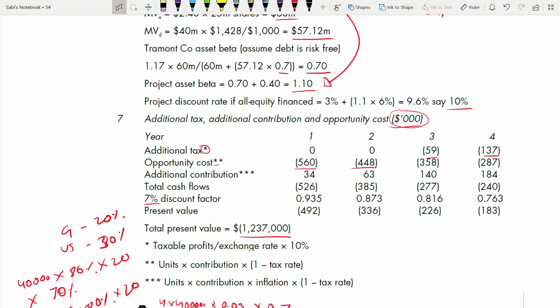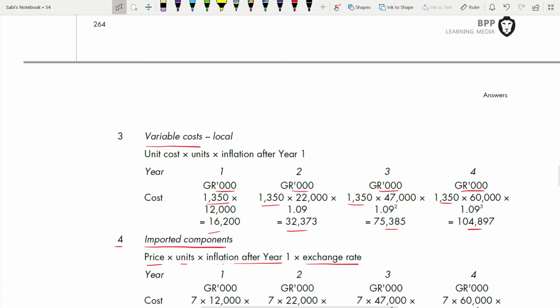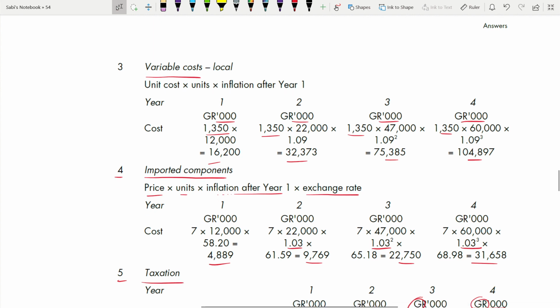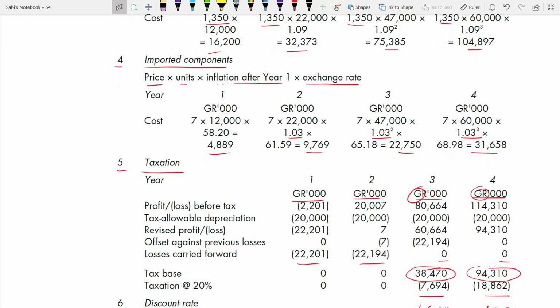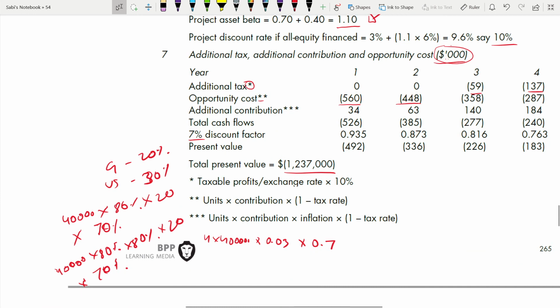So how are we getting that? It has to be in dollars, right?